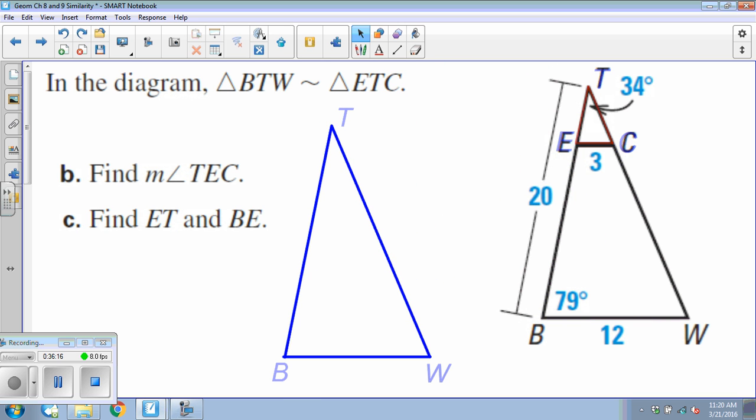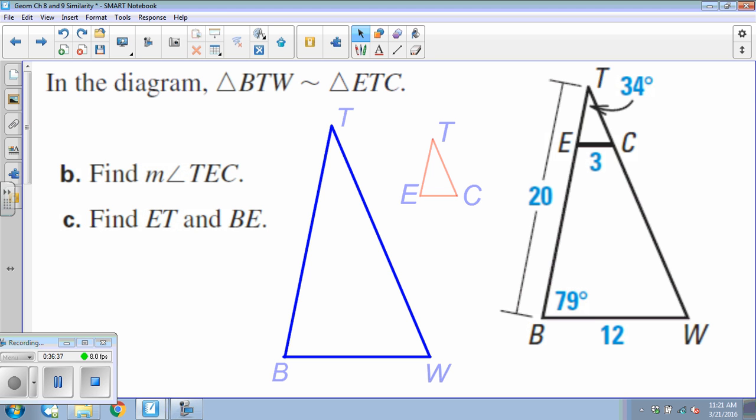That's triangle TWB, or BTW, by the way. Okay? That's the big triangle. The little triangle is this little one right here, and that's triangle ETC. So it's two separate triangles just drawn into one figure.